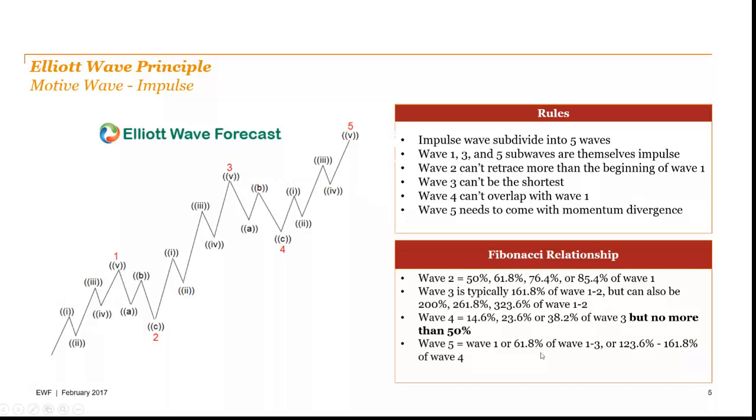Like I said, there are two different types of motive wave. One is an impulse. Another one is this one, impulse with extension. I think we probably don't need to discuss this. It's not really too different from what we are talking about.